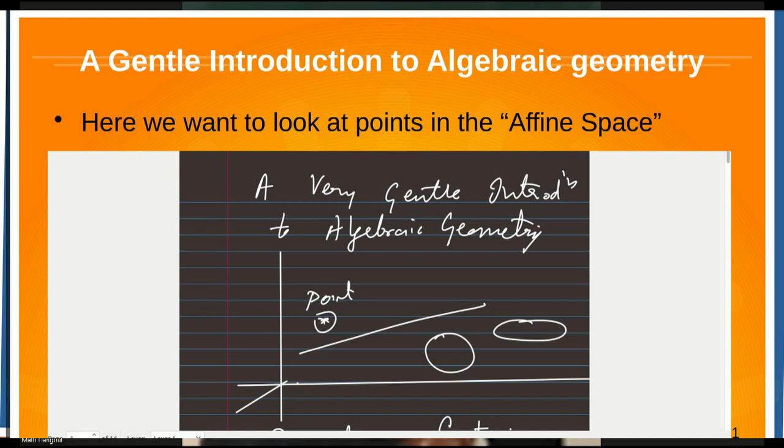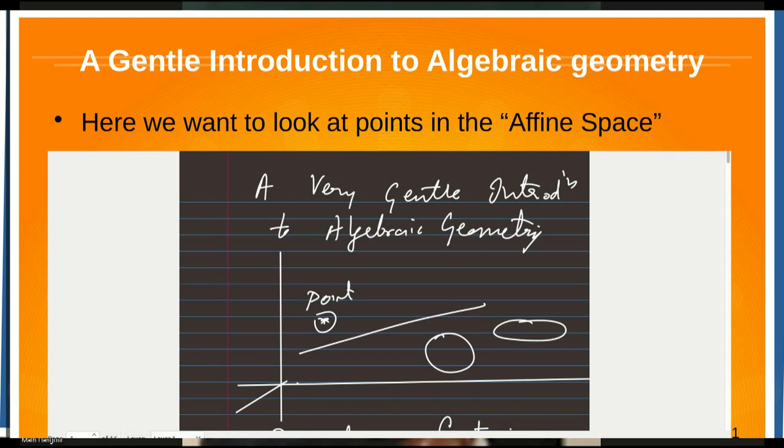So this is a gentle introduction to algebraic geometry. What is it all about? This involves points in the Euclidean space, but we have this notion of the affine space.